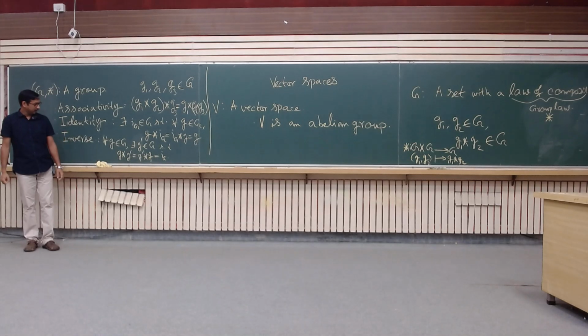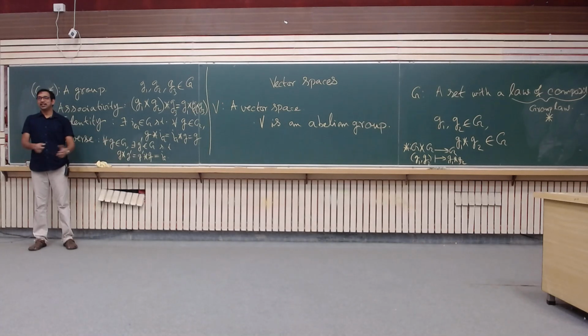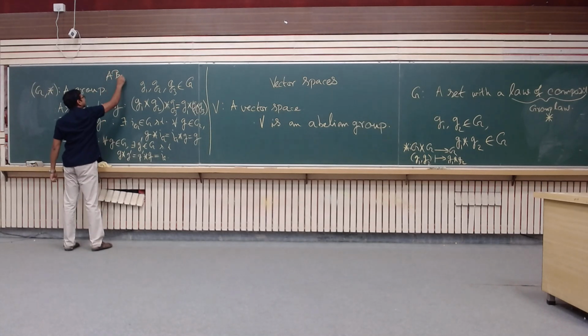Actually, from the associativity of the operation, you will see that if G dash and G double dash are left and right inverses of G, then using associativity you can show that G dash is equal to G double dash. You have seen the uniqueness of inverse of square matrices, right? If there exists a left inverse and a right inverse, they should be equal.